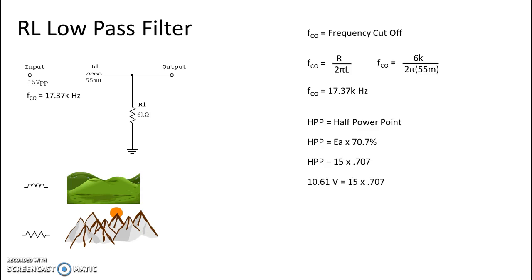In any case, you end up with 10.61 volts. So that's the voltage cutoff. 10.61 and greater is an effective filter. Below 10.61, ineffective filter because of that voltage output. Because 70.7% is the amount of your AC voltage that you need for usable voltage.